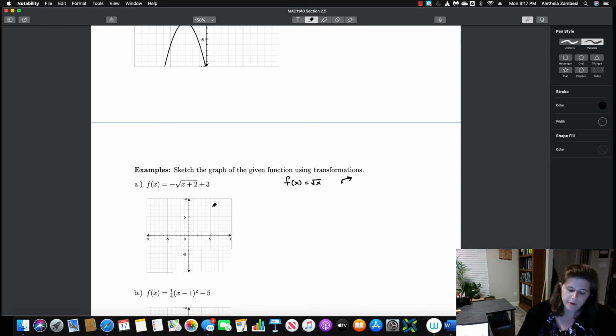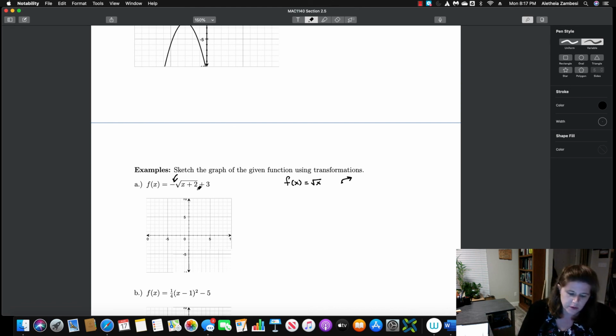Now the square root function here, we're reflecting. Now the reflection is outside the grouping symbol, which means it's a reflection upside down over the x-axis. So wherever we start, instead of opening up, we're going to be opening down. Now where we start depends on what our shift is.